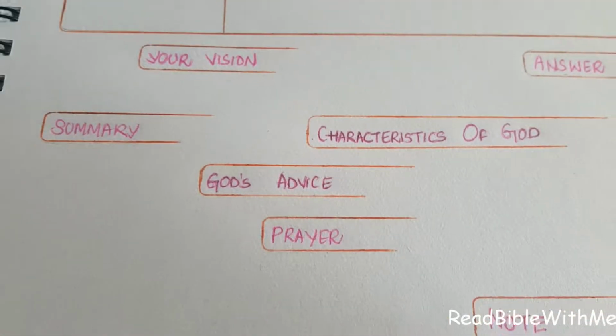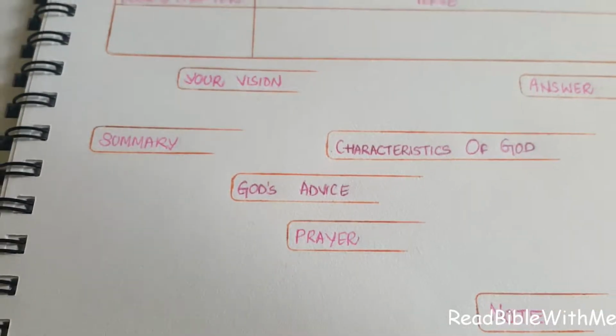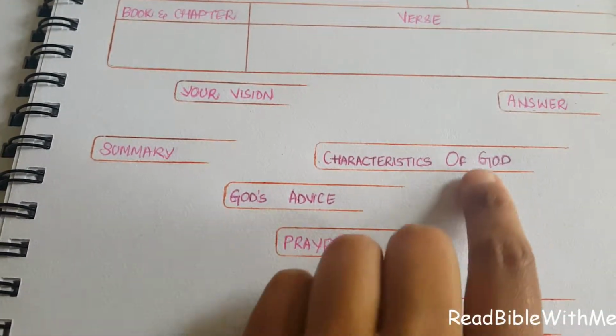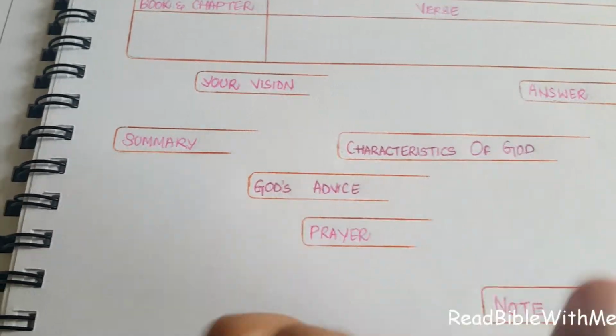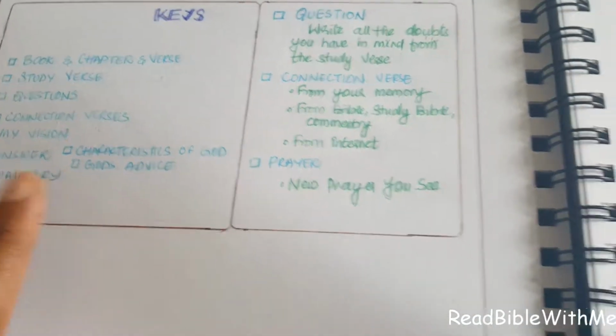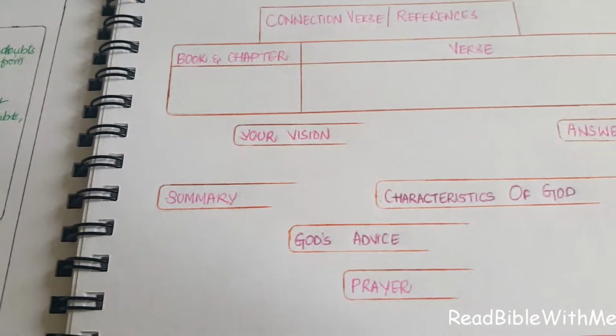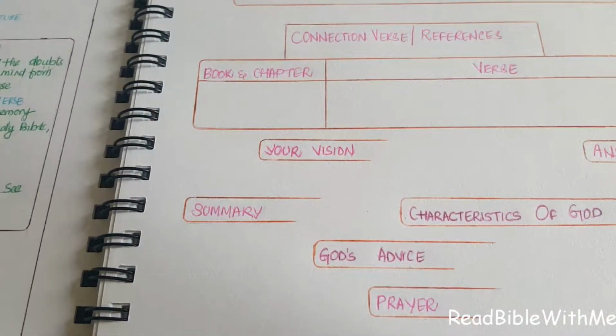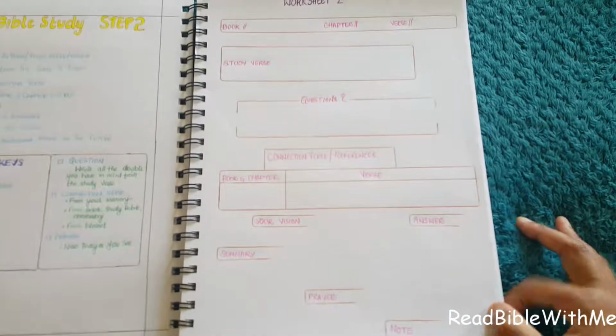In the worksheet you will get everything correctly, but in this video I have to add this by the end of the video, and I also added that in the keys, but in the printout you will get exactly the correct one. So this is the worksheet.